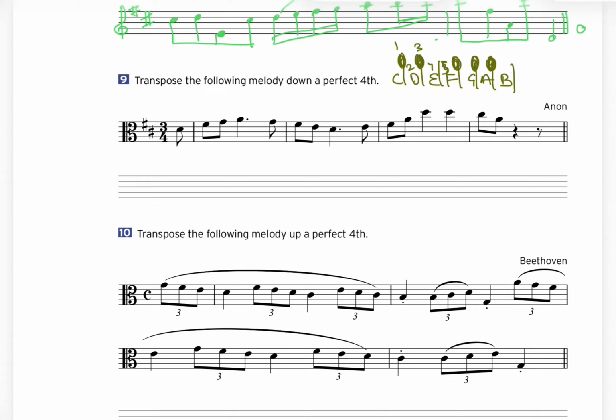Now if we do it from A minor, we have to start from A minor, so this is 1 2 3 4 and 5, so we reach D. So that means you see there is no difference: in minor scale also it is the same distance, and in major scale it was the same distance. So I hope you understood this.